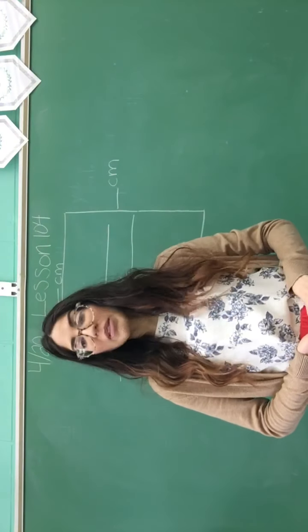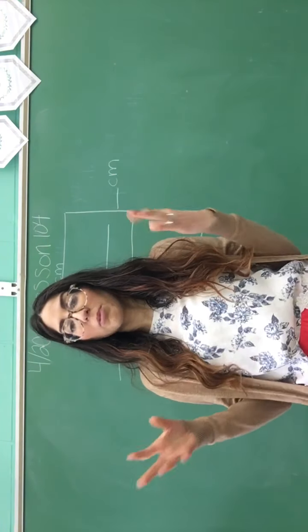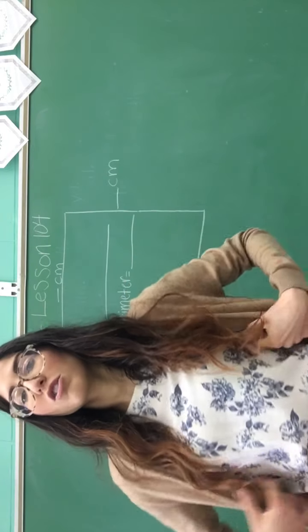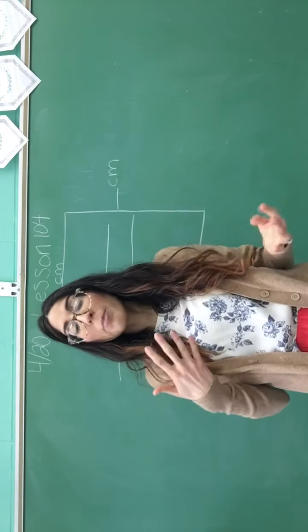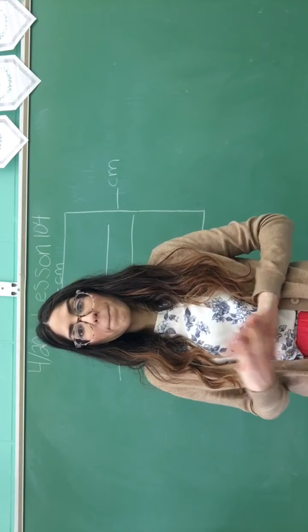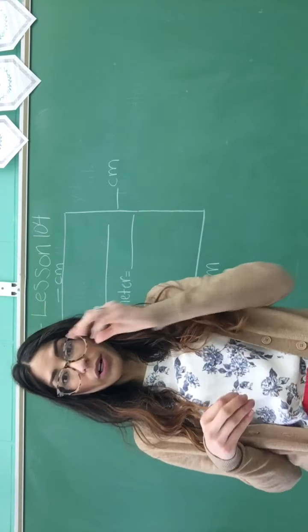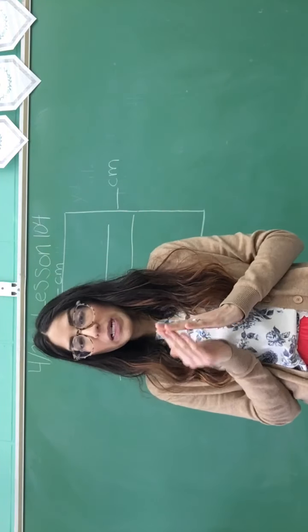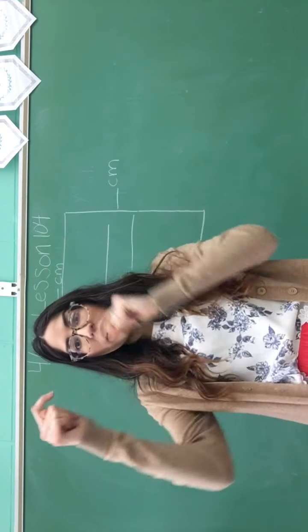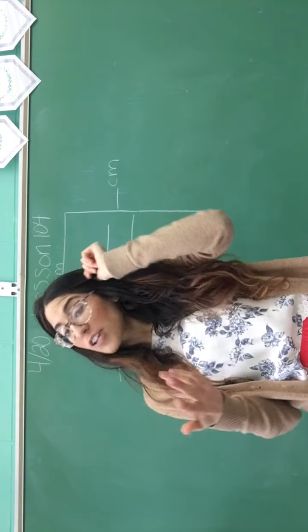Today's lesson, we're going to be talking about finding the perimeter of a shape. So when we talk about perimeter, basically what that means is we're going to be measuring the lengths of the sides of that shape.